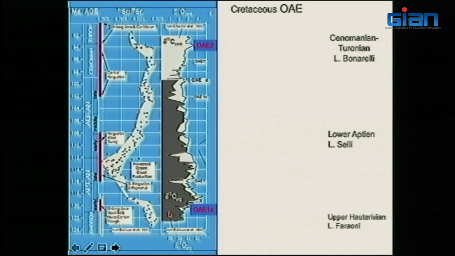So you can see here that we have some names, OAE 1B, oceanic anoxic event, and after this one, 1C, 1D, and OAE 2. And you can see that each of these anoxic events corresponds to a huge increase in delta C13, especially here for the Cenomanian-Turonian one, okay? And well, this is quite important.